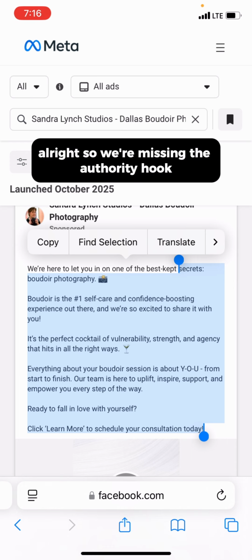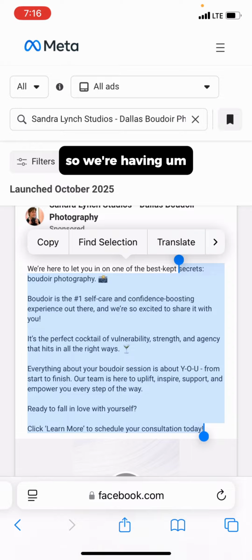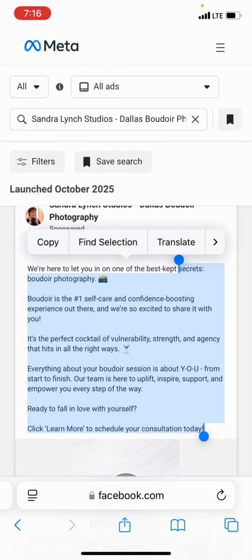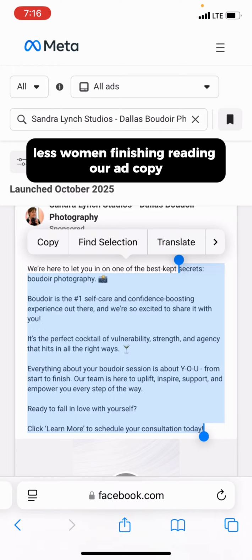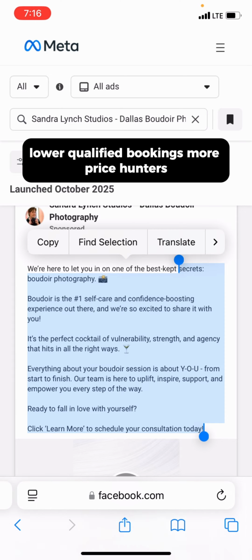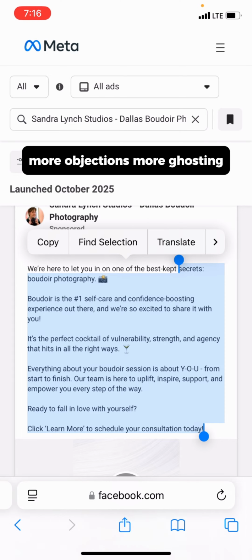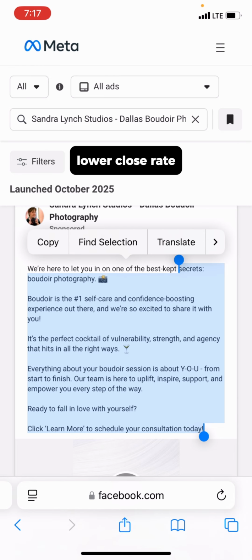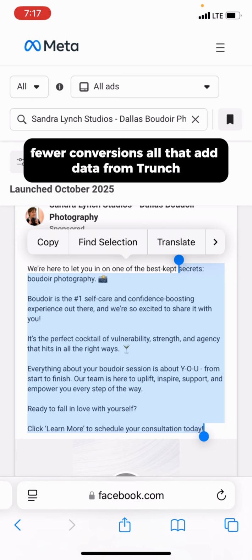No. All right, so we're missing the authority hook. So we're having fewer women finishing reading our ad copy, fewer women getting pre-qualified. So we're having lower qualified leads, lower qualified bookings, more price hunters, more objections, more ghosting, lower sales call conversion rate, lower close rate, lower revenue, fewer conversions.